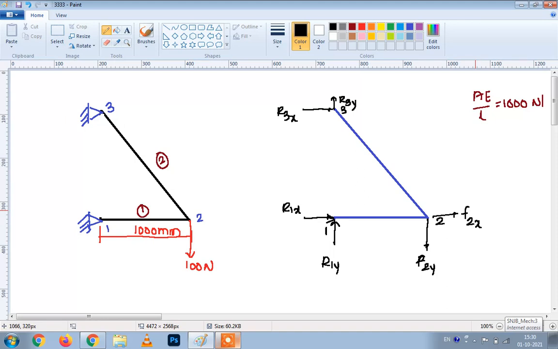As this is a 2 degree of freedom problem, at each node point we will have the 2 degrees of freedom. So here the deflection of this particular node point 2 will be U2 and V2. Now as node point number 1 as well as node point number 3 is fixed, the deflection at node point number 1 and node point number 3 will be equal to 0.